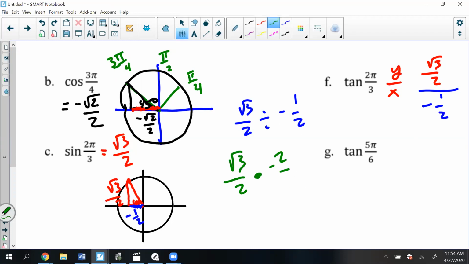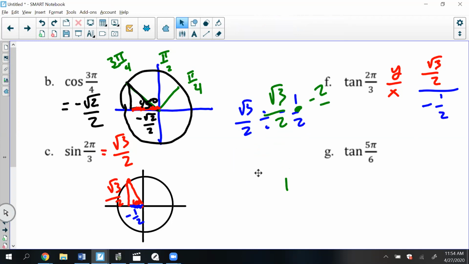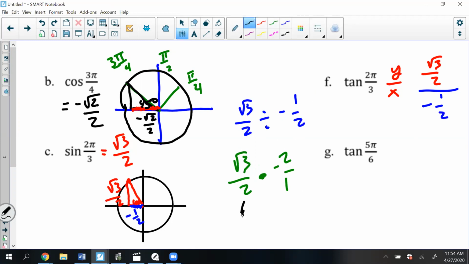But that actually works out fairly nice. For example, I get these 2's to cancel. So really the final answer is square root of 3 over 1, which is equal to square root of 3. That's our final answer for that.